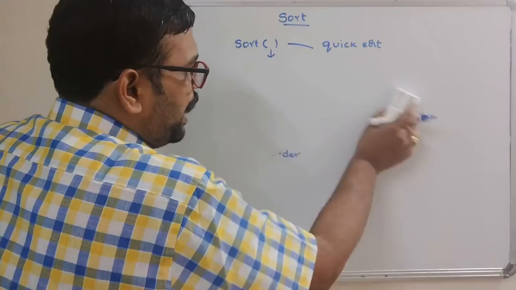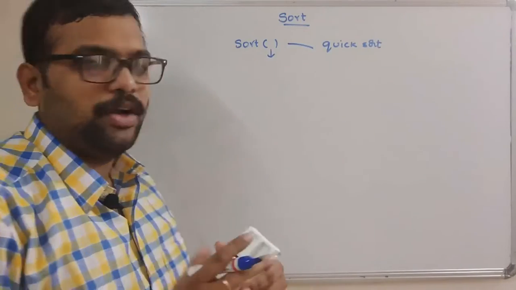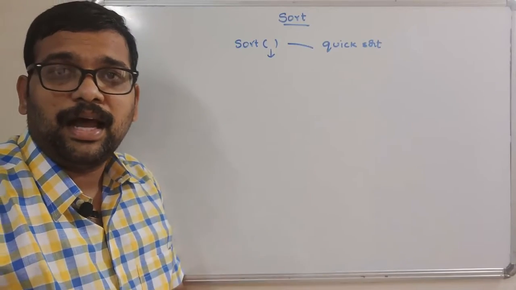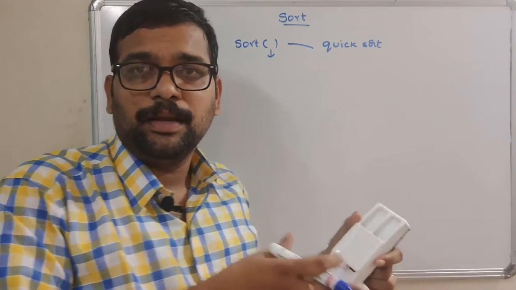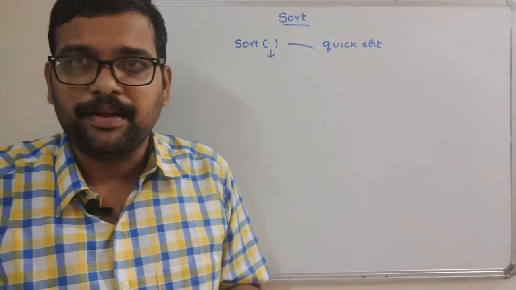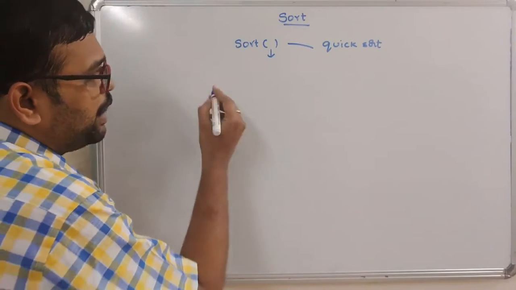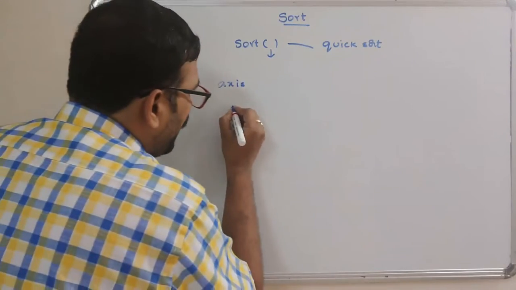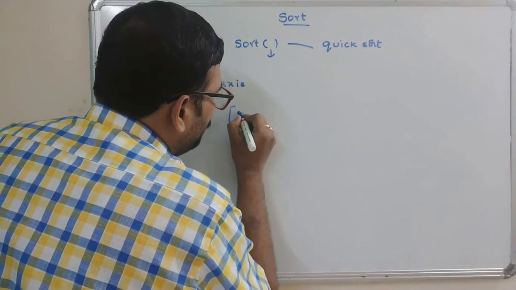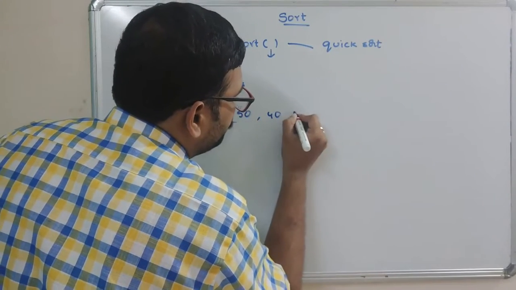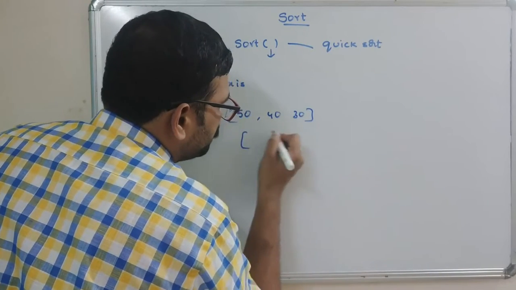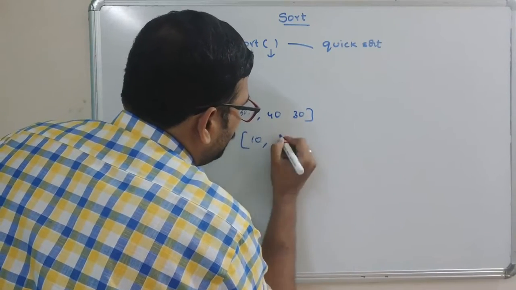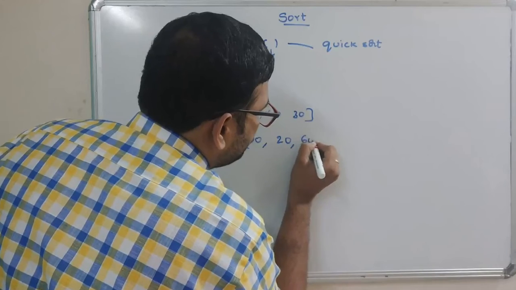The first one, array: in order to sort the elements we have to create an array with a number of elements, and based upon the array the sort will be applied. The second one is axis, so based upon the axis it will be sorting. Suppose our array is two-dimensional with 50, 40 and 30, and 10, 20 and 60.